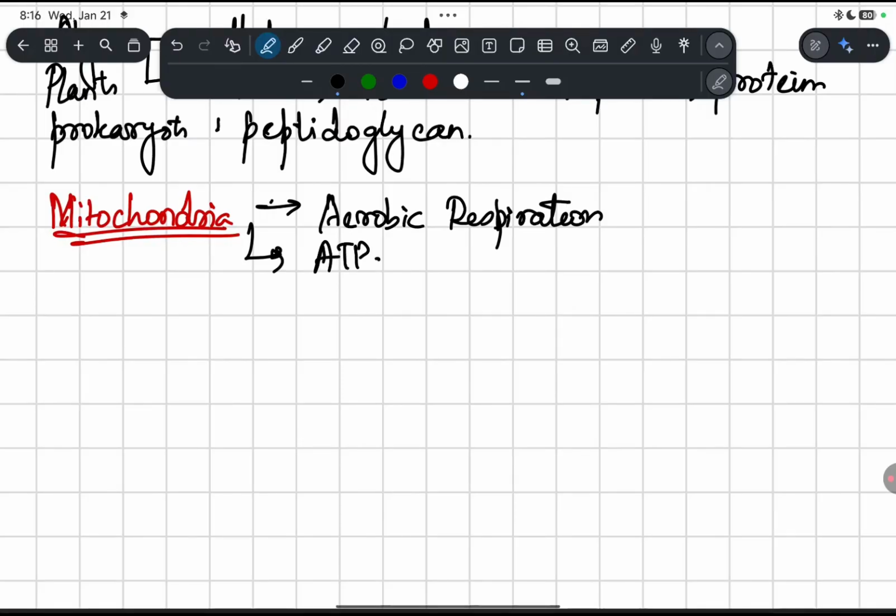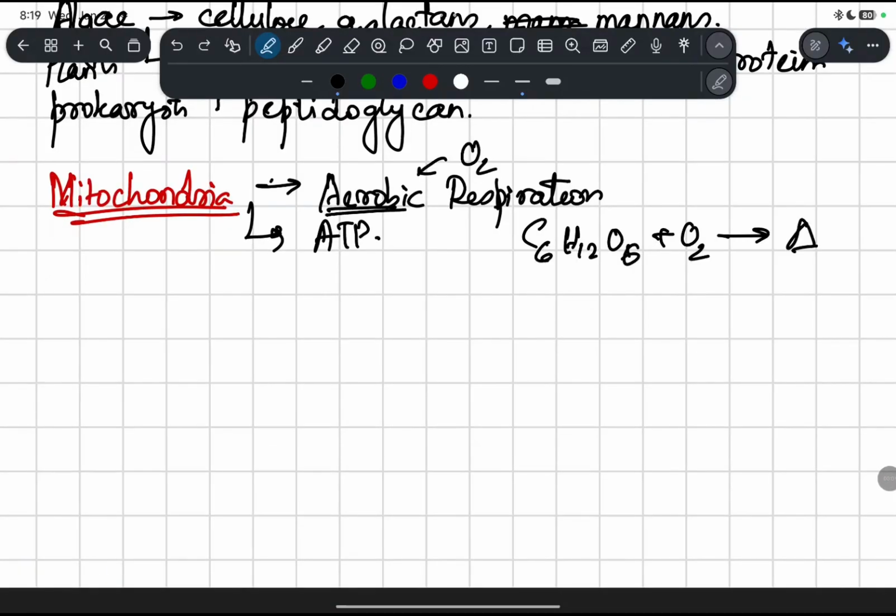Another interesting thing is that the mitochondria has its own single circular DNA. Up till now we have read that all the genetic material is only present inside a nucleus, but mitochondria and another organelle as well, we'll read it further, have their own DNA as well.